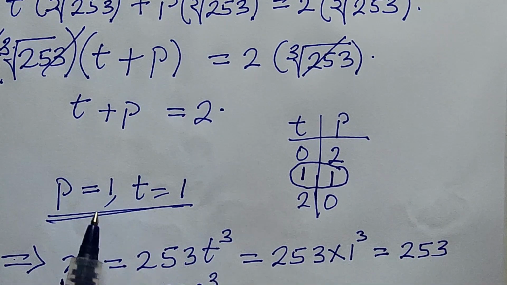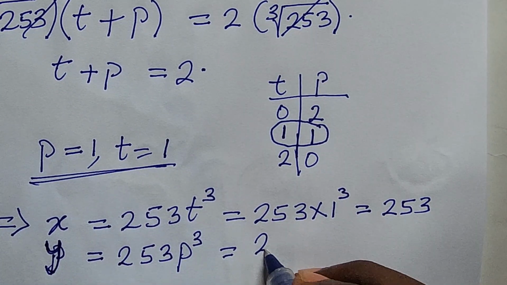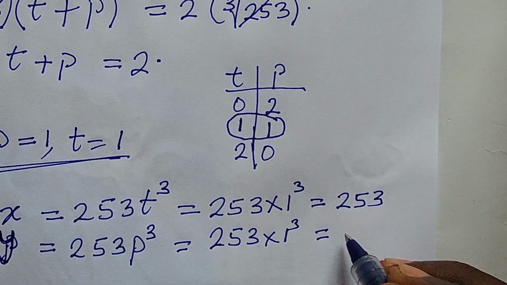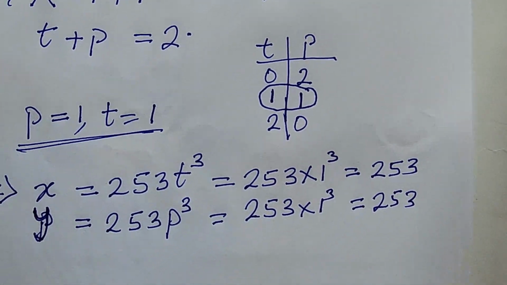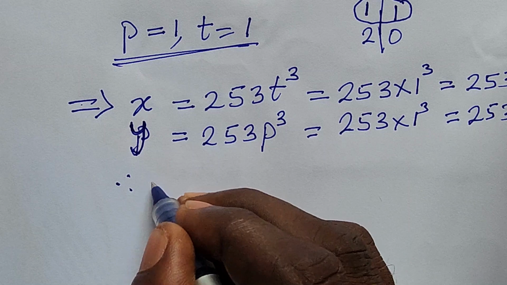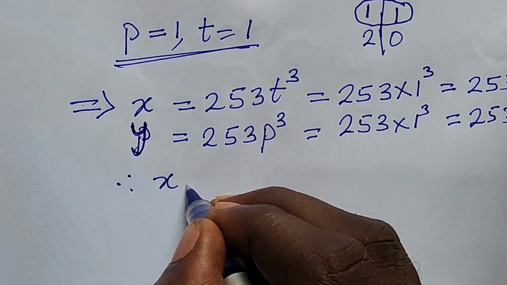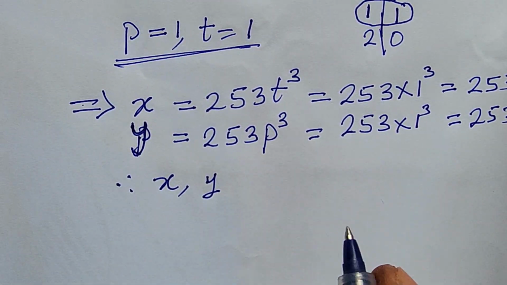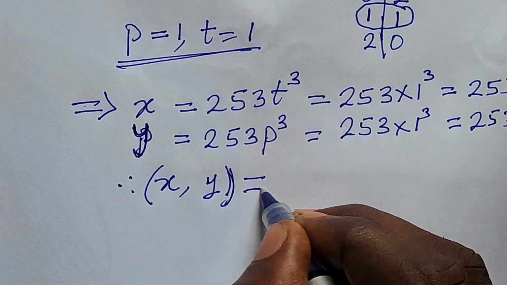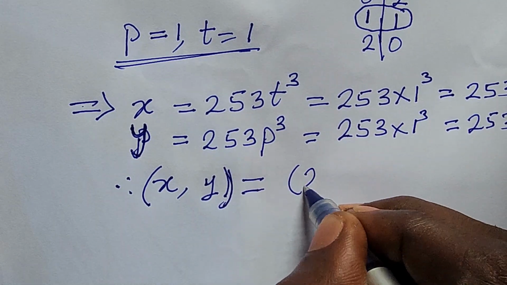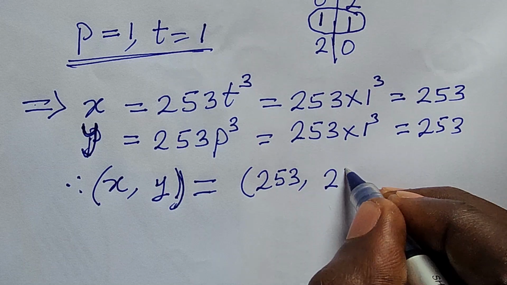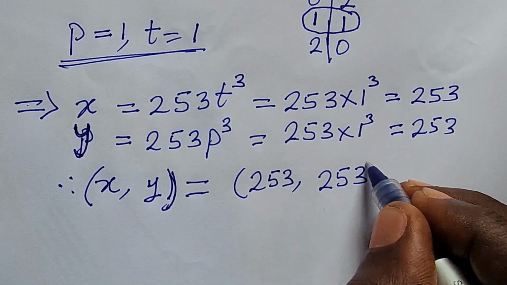And we've also said p is equal to 1. So we're going to have here 253 times 1 to the power of 3, which is equal to 253. Okay, so therefore, we now have our x, comma, y will now be equal to 253, comma, 253.